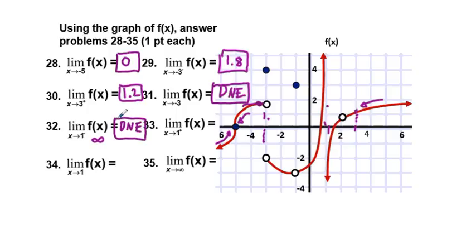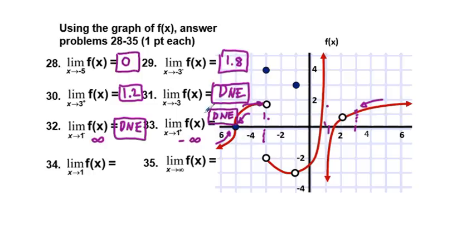And in 33, the limit as x approaches 1 from the right side of f of x. We come from the right side, and now the function is going down toward negative infinity, which translates to a limit that does not exist, as our answer for problem 33.